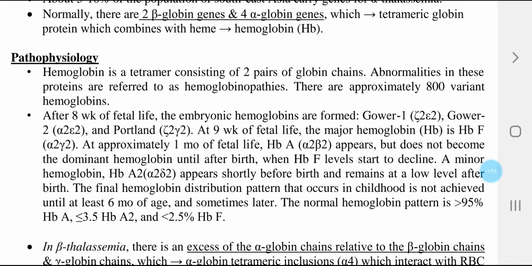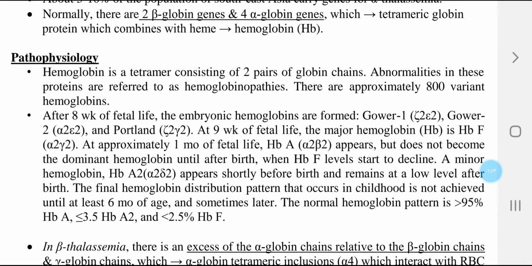After 8 weeks of fetal life, the embryonic hemoglobins are found, which are Gower 1, composed of zeta 2 epsilon 2, Gower 2, alpha 2 epsilon 2, and Portland, zeta 2 gamma 2.